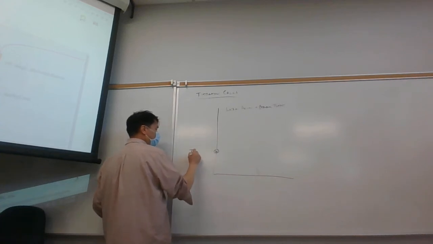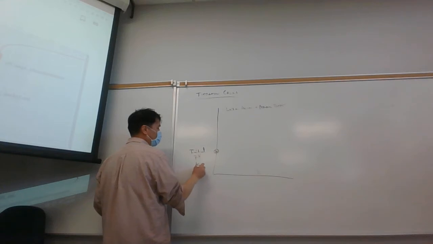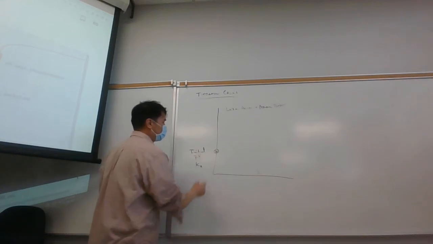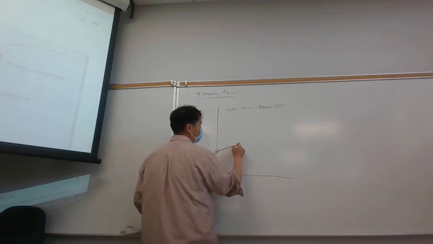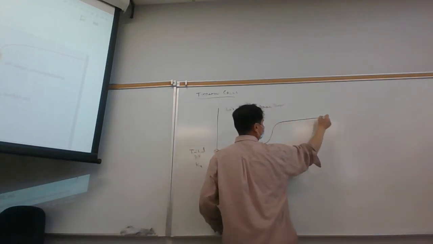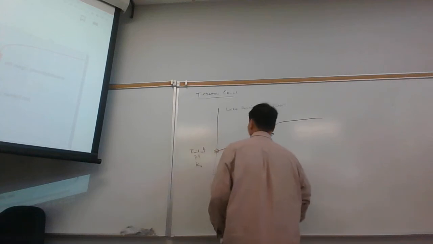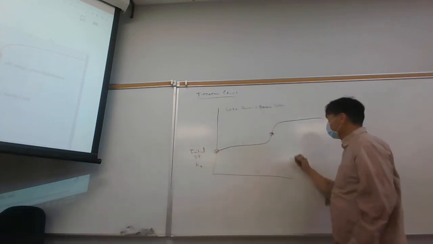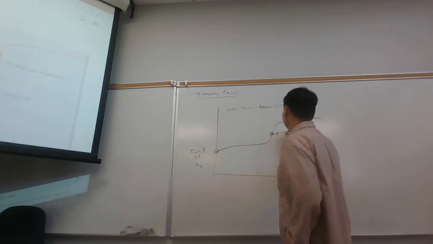Then we look at the initial pH. Initial pH is just going to be Ka for the weak acid. And then we go up a little bit and hit the equivalence point. The equivalence point here is going to be a basic salt.